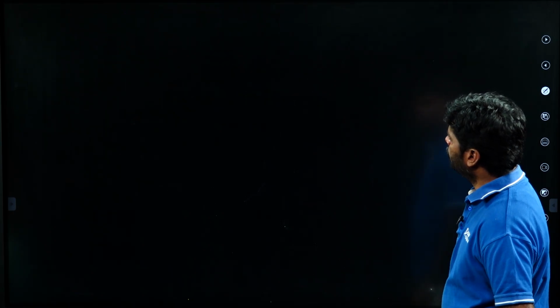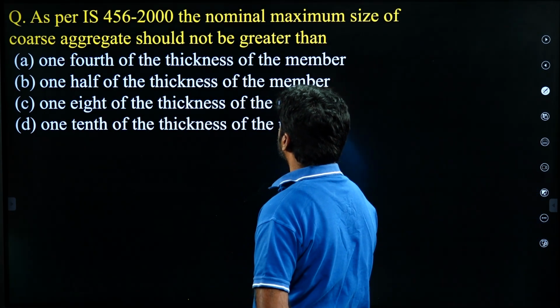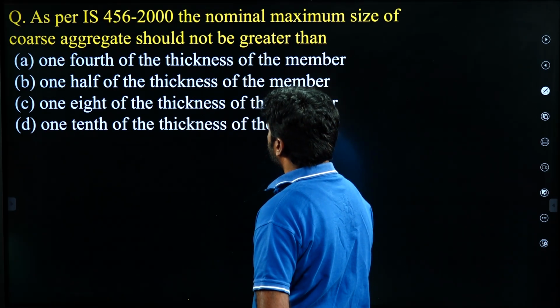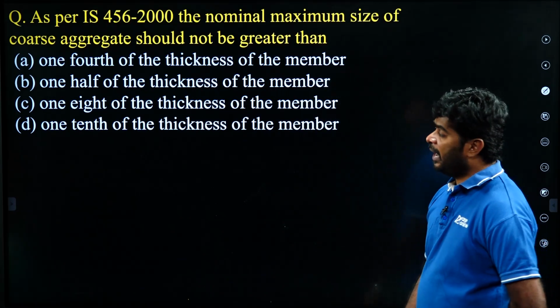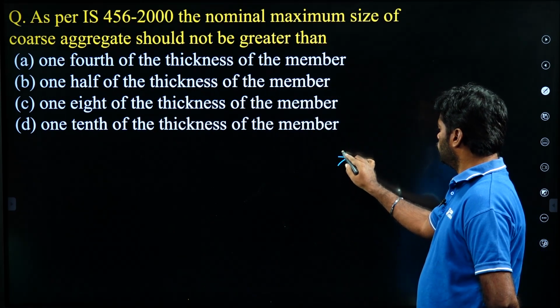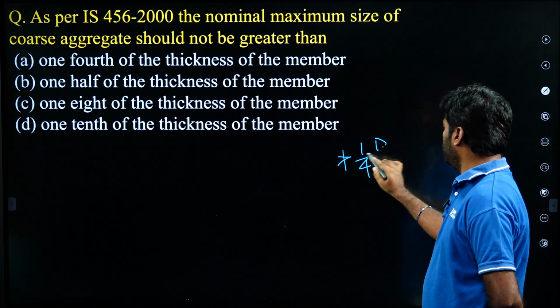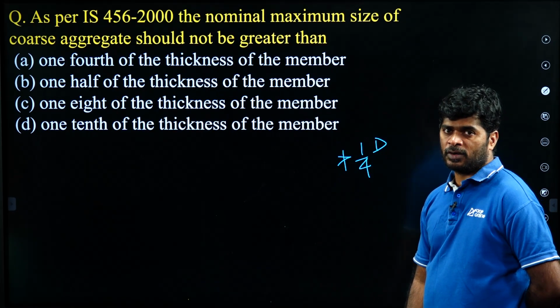Next question. As per IS 456-2000, the nominal maximum size of coarse aggregate should not be greater than, according to IS code, maximum size of coarse aggregate should not be more than 1/4 of the thickness of the member.